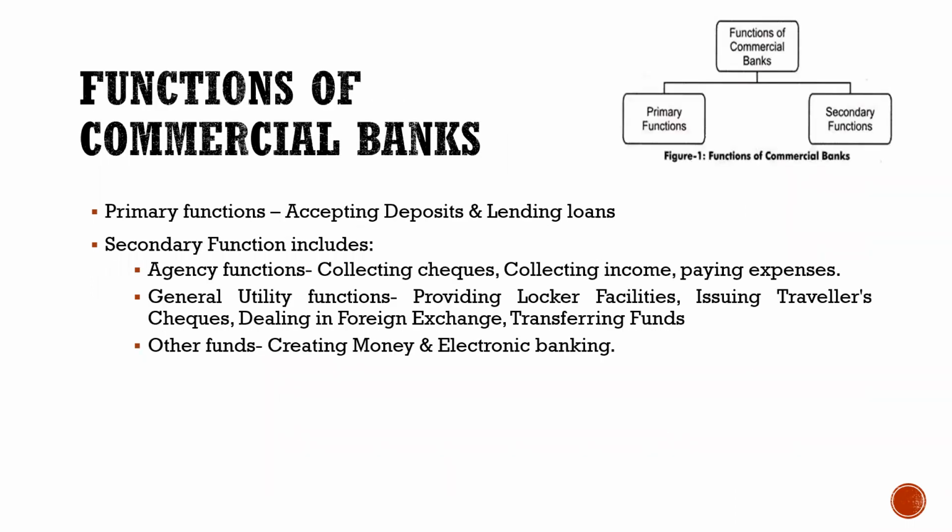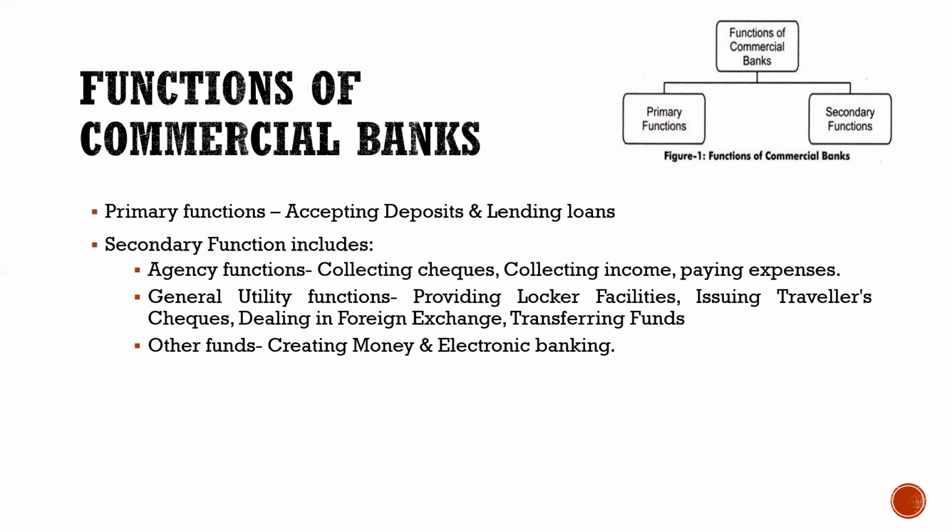Let's understand the functions of commercial banks. As you know, in our normal life, we have observed what the bank does. They have two major functions, segregated as primary functions and secondary functions. Primary functions are accepting deposits and lending loans. Banks usually accept deposits from the public and then lend loans to the public or institutions.